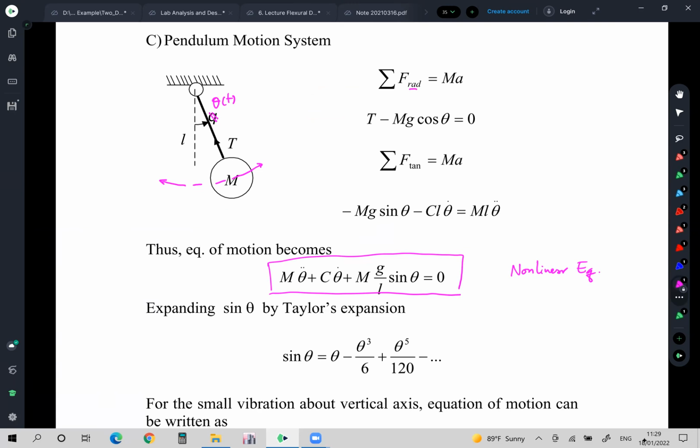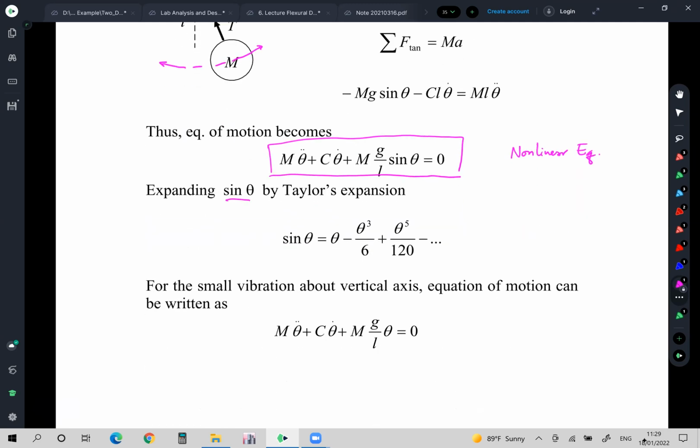So it's quite often that the engineer will expand the sine theta term like this and just use small vibrations. Assume that the vibration is very, very small, and then we end up with another equation. Equation number 4 is nonlinear, and number 5 is the linear equation.